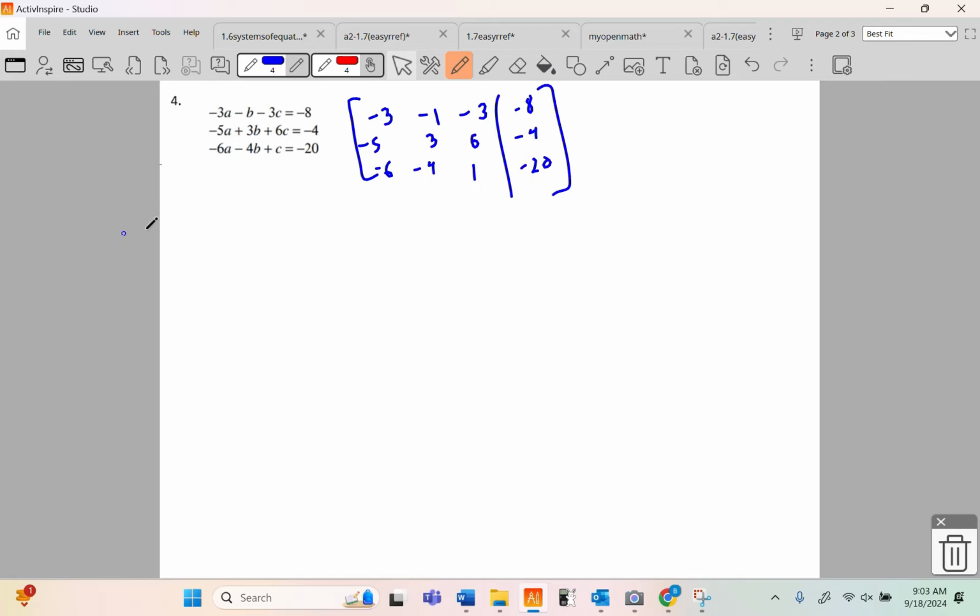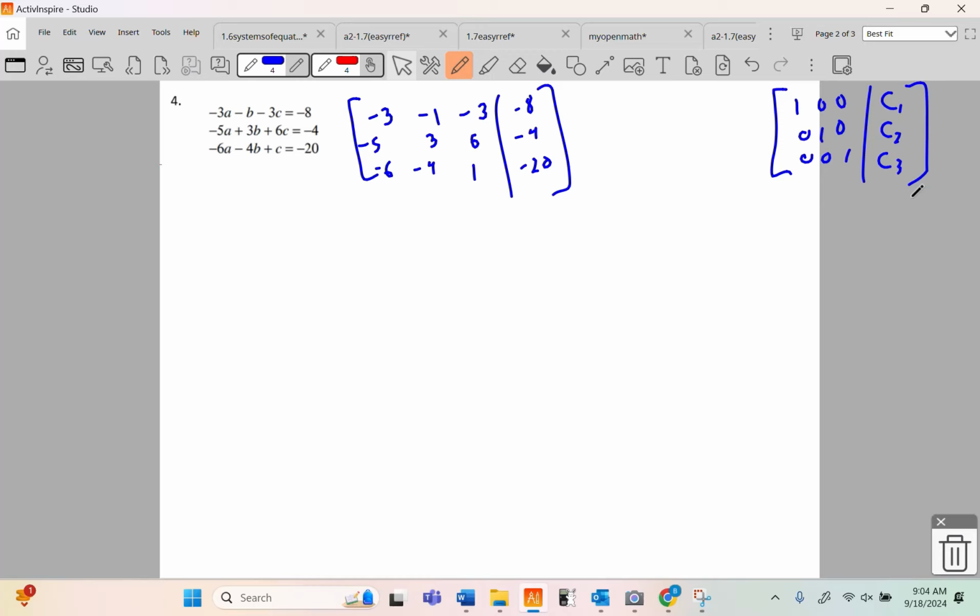And again, the goal is always on your mind here. 1, 0, 0, 0, 1, 0, 0, 0, 1, and a bunch of constants. So there's your goal. I'm thinking a couple of moves ahead.